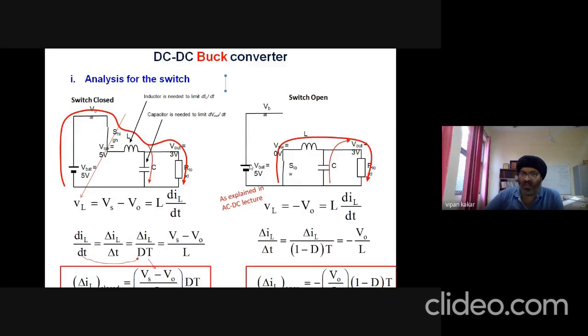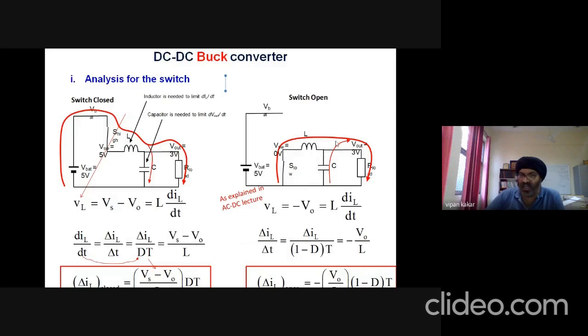Now the second condition, when the switch is open. Now this battery will be out of the circuit, disconnected because of the opening of the switch. So now this circuit remains. This switch, which is a diode in a simplified circuit, starts to work because now the inductor will change its polarity and it will start flowing the current backwards.